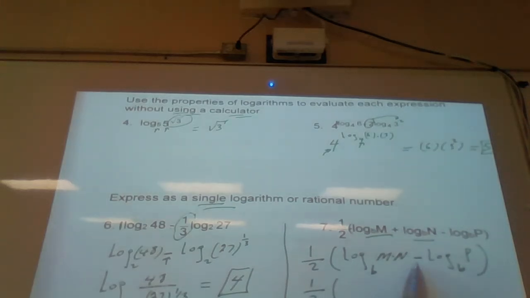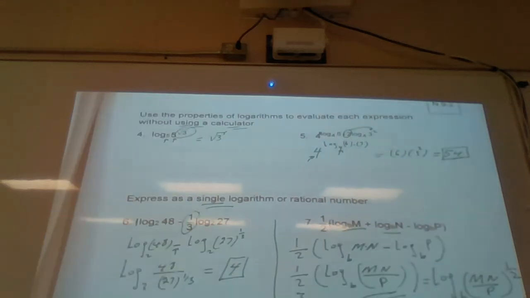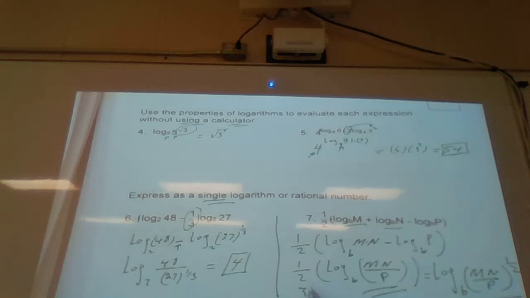I'm going to take the subtraction and use the property that tells me I can change it into division. And when you're simplifying these, if you have a number in the front like this, they expect you to go ahead and make it a power. Depending on if you're taking a multiple choice question, they might leave it like this, they might change it into this.